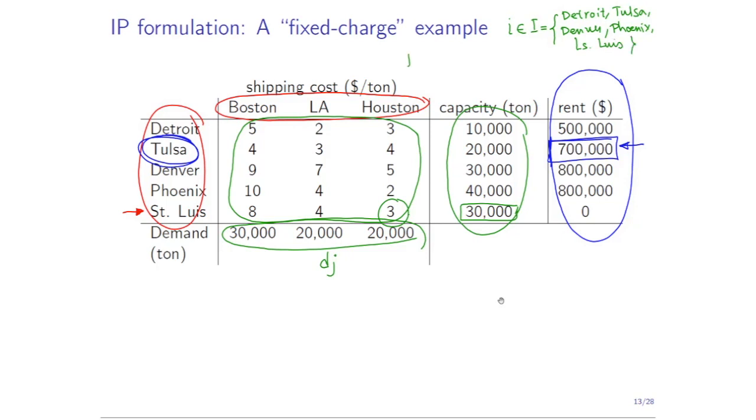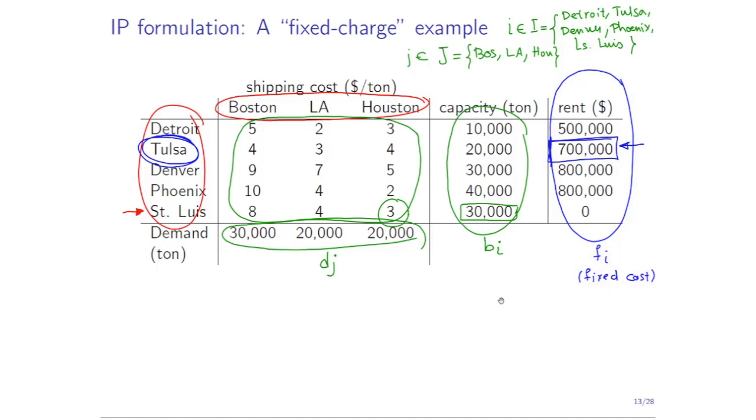And let me use J to represent the destinations: Boston, LA, and Houston. So this will be the demand of J, where J is either Boston or LA or Houston. Let me use b_i to represent the capacity of my candidate sites. Okay, let me use f_i for the fixed cost of my candidates.